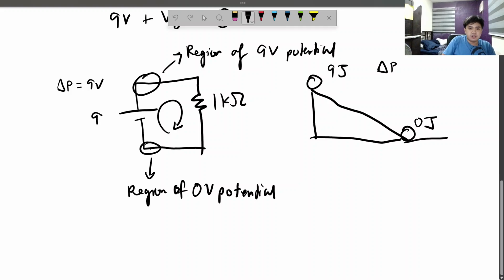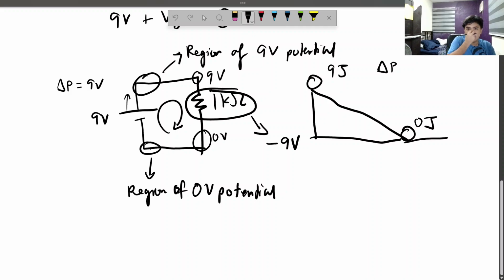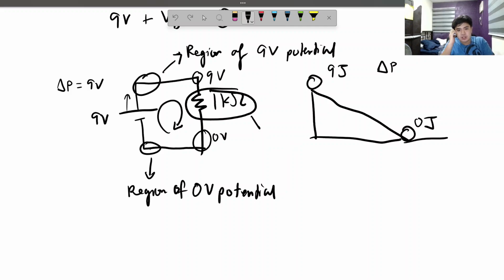Well, if this is a source of 9 volts and there's 9 volts in this direction, this means that there is 0 volts in here, which from 9 volts here, there is 0 volts here. This means that the 1 kilo ohm resistor has a voltage drop of negative 9 volts, or the voltage dropped 9 volts within the resistor. Therefore, this region is 0 volts, 0-volt potential.